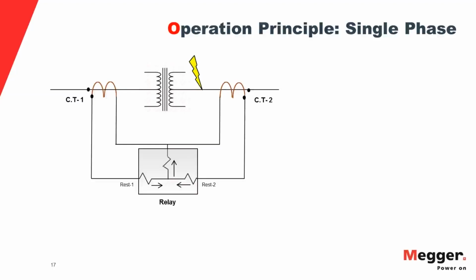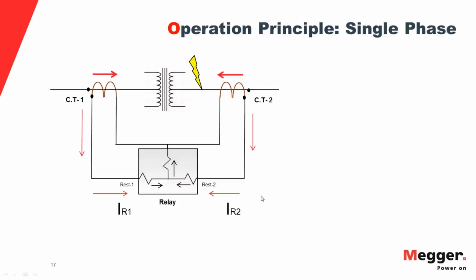Now, if you remember, we talked about Kirchhoff's current law. If you apply it at node A, these currents flowing through the restraint windings will add up and flow through the operate winding. And if the current flowing through the operate winding is above a set value, it's going to trip the relay.